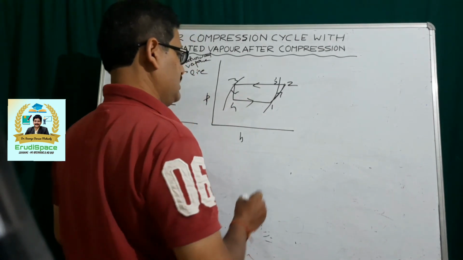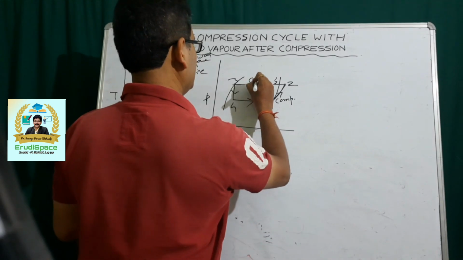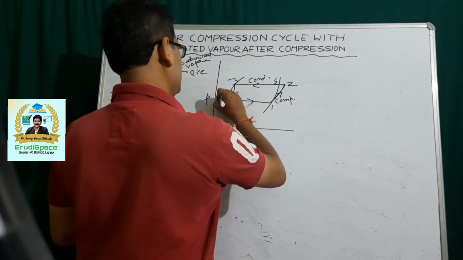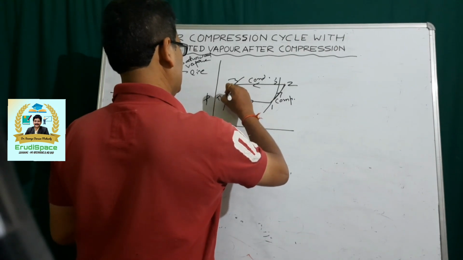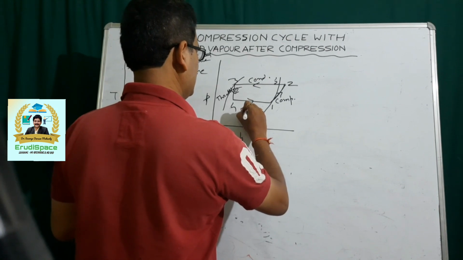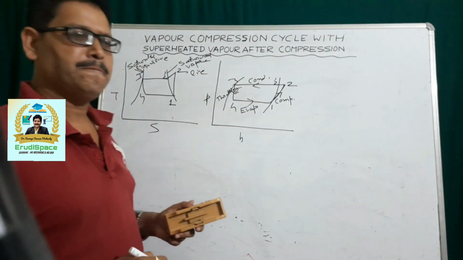This is your compression process. This one is your condensation process. This one is your throttling process, and this one is your evaporation or refrigeration process.